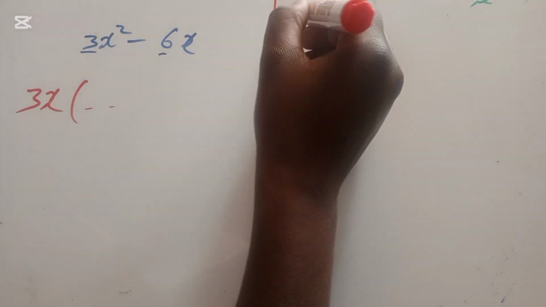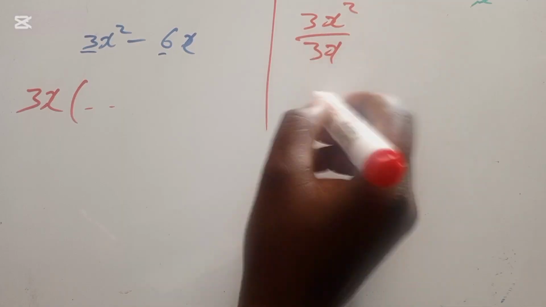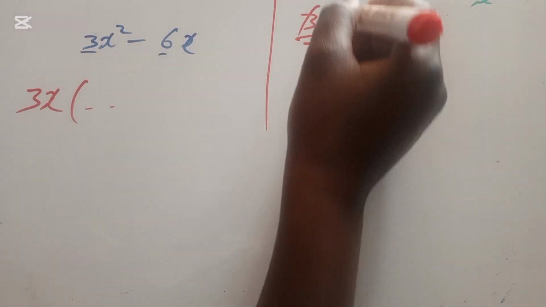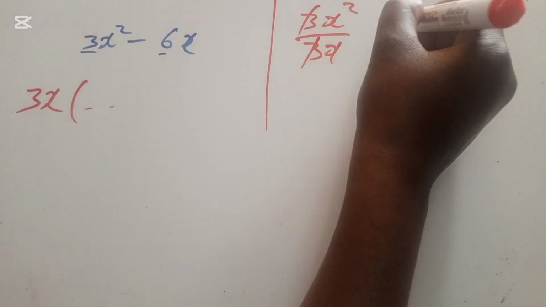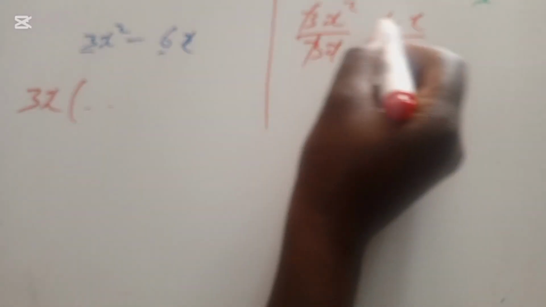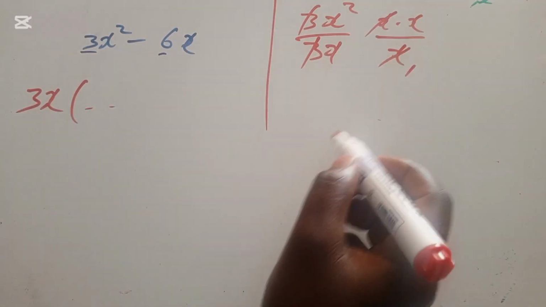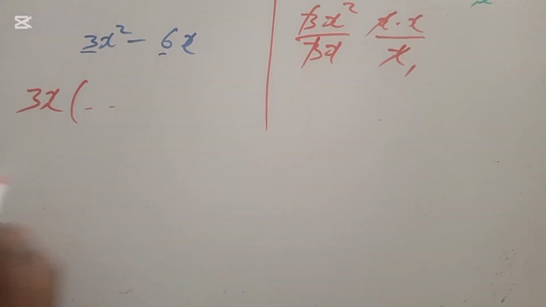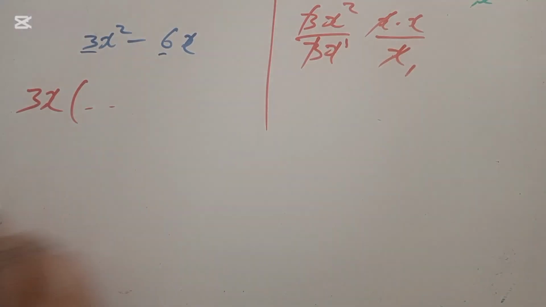Let me do the rough work here. 3x squared divided by 3x. How do you divide this? Remember, x squared means x times x, over x. So you can cancel one x, then you have x there. Alternatively, you can say this x is like x raised to 1.